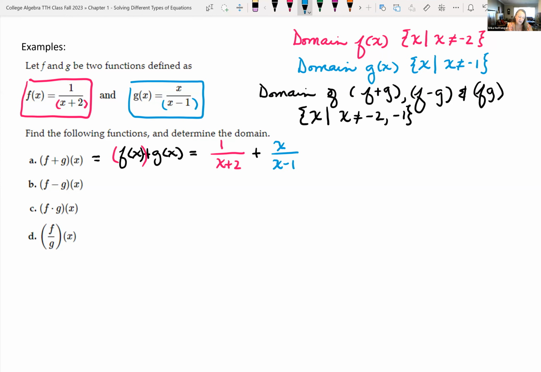Okay, so we want to combine this and simplify. In order to combine fractions, you need a least common denominator. Well, x plus 2 and x minus 1, those don't have anything in common. Like factors. So our LCD is going to be x plus 2, x minus 1.